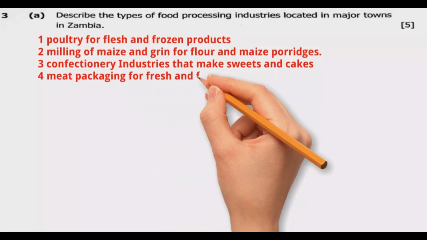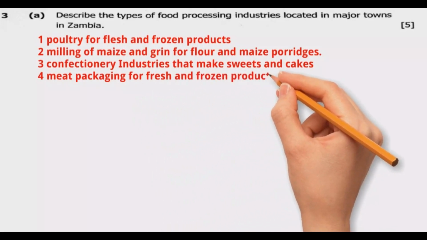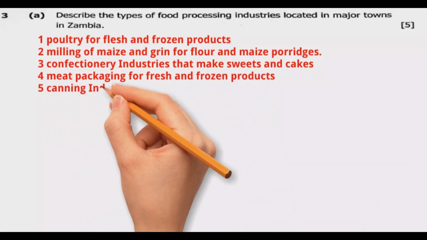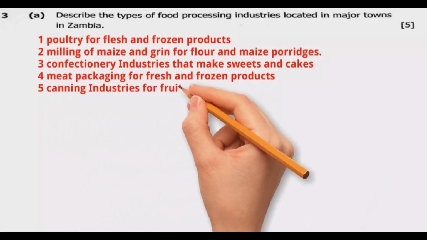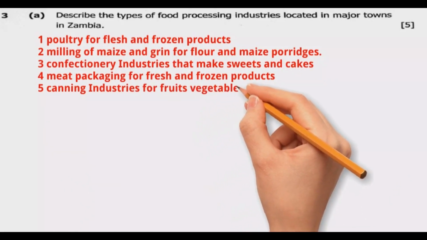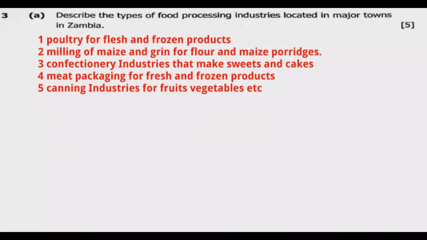Meat packaging for fresh and frozen products. 5. Canning industry for fruits, vegetables, etc. Okay, so those are the industries that we have in Zambia that are found in major cities of our country.